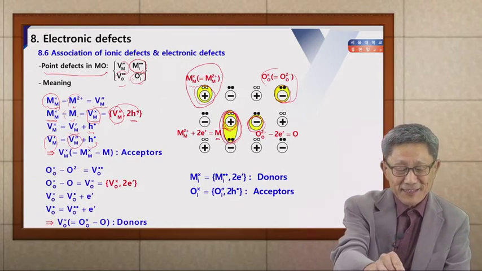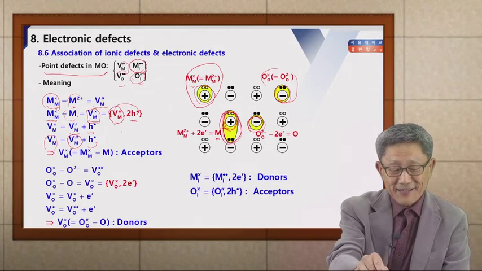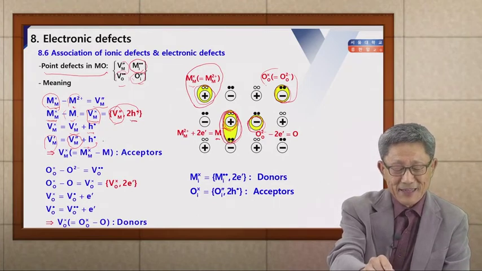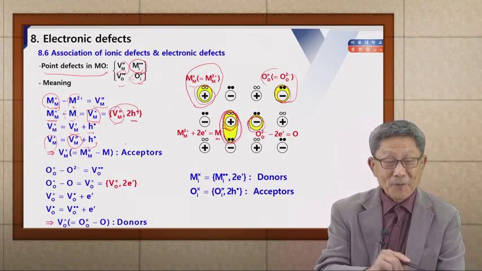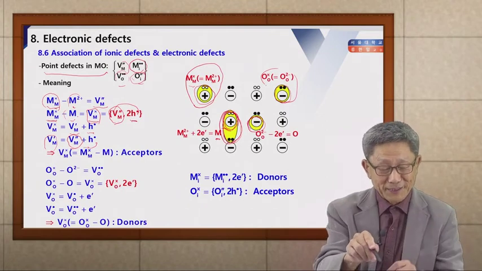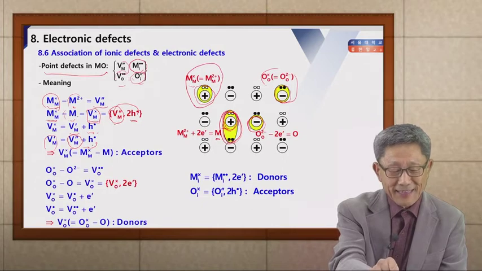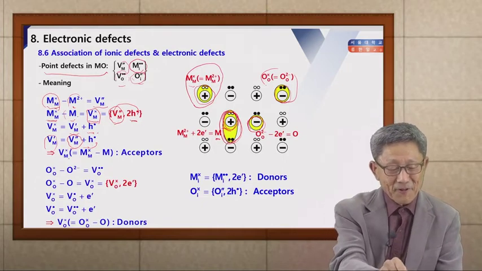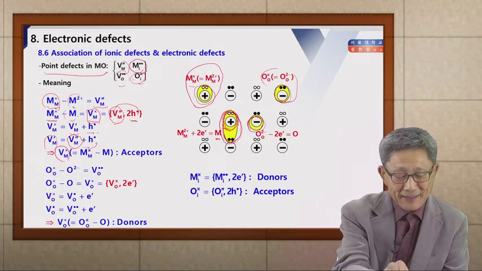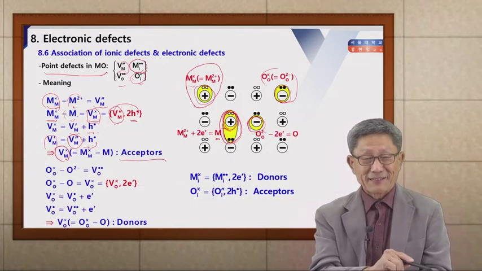This kind of reaction is called the first ionization reaction, and this the second ionization reaction. Of course, you have to do work, or apply energy, to detach one hole and the next hole in this way. Therefore, the neutral metal vacancy works as an acceptor, right?